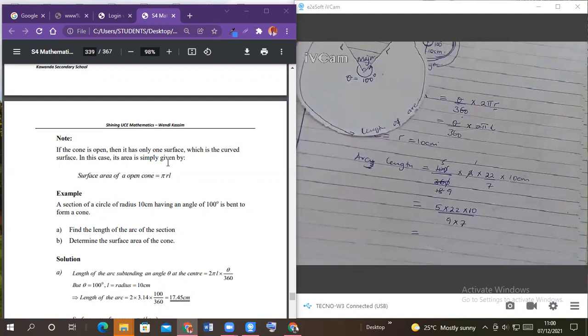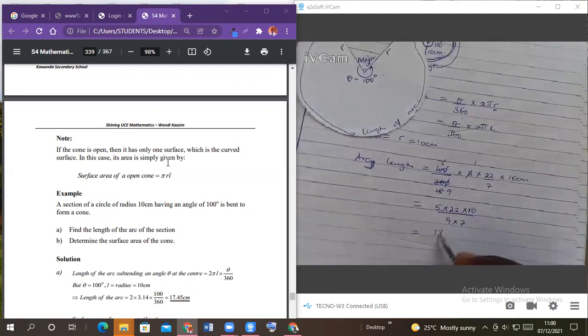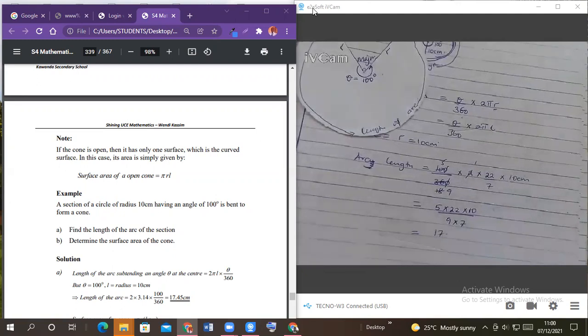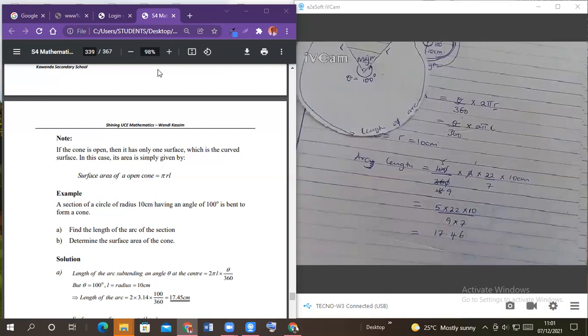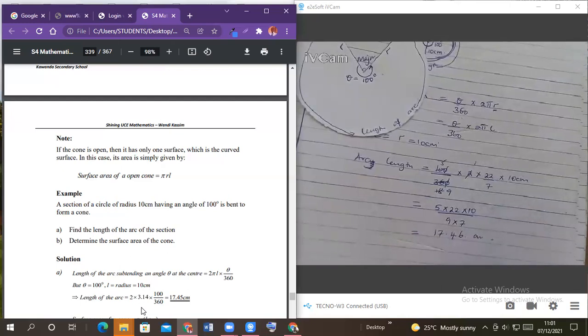Members, do you get the same answer? 17.46. That's what we get. We're getting 17.46. Why? Because maybe they used 3.14 and I've used 22 out of 7, but still the answer is correct, centimeters.